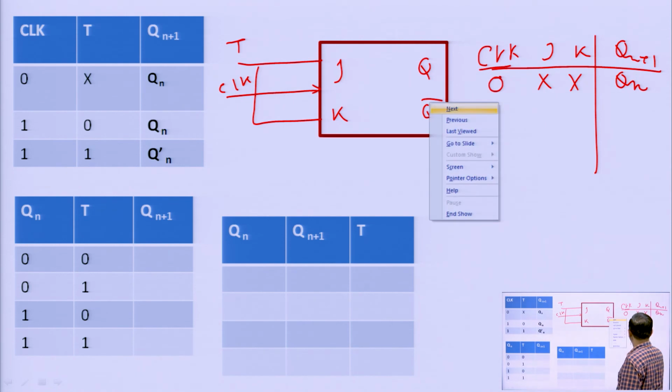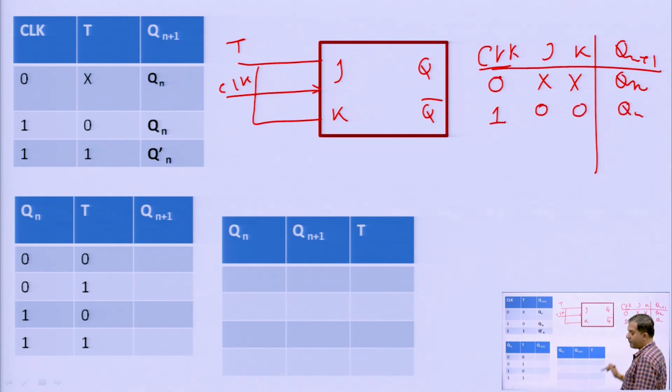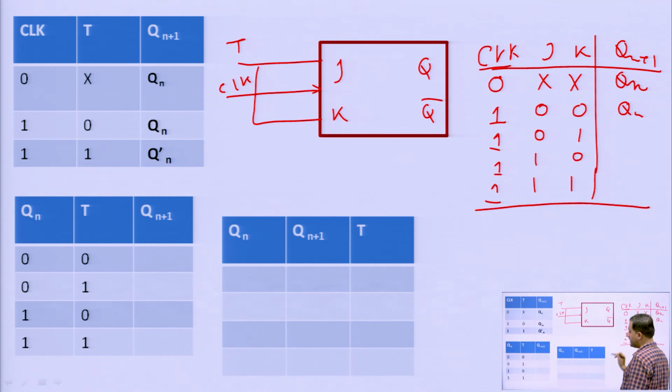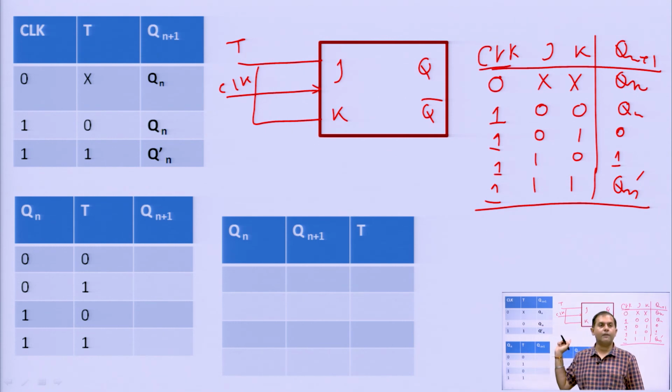For clock 1 and 0 0, again it will be memory. For clock 1 we then have 0 1, 1 0 and 1 1. For the last one we will have toggling, Qn bar.